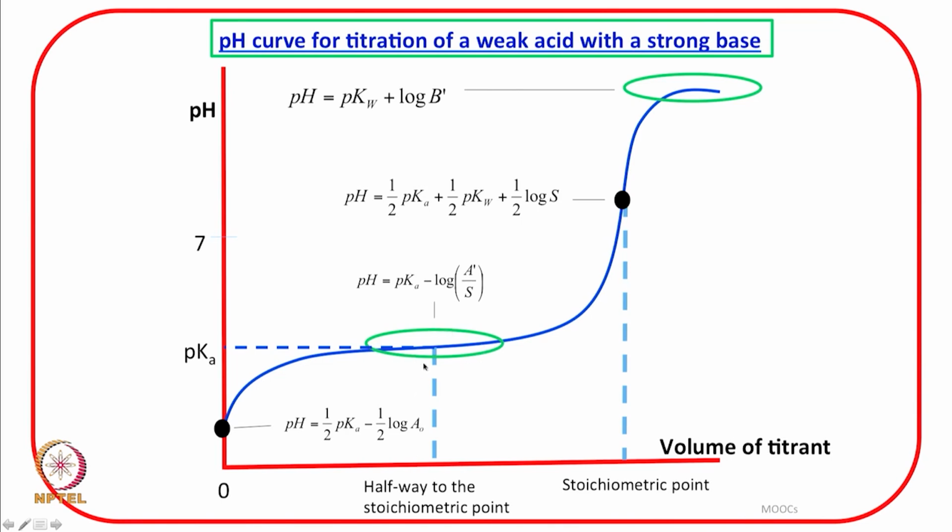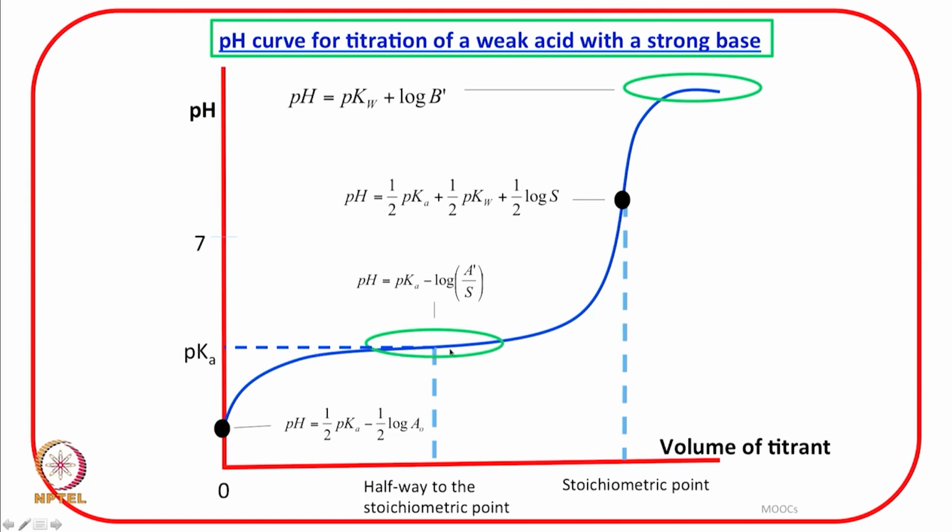What is a buffer? It is a substance which does not allow the change of pH upon addition of small amount of an acid or a base, and for what pH value it should be used, it depends on the pKa.